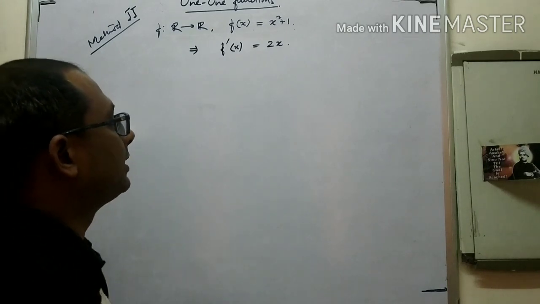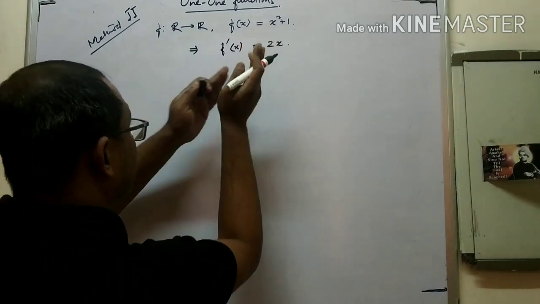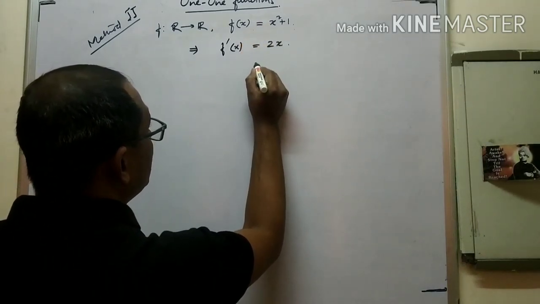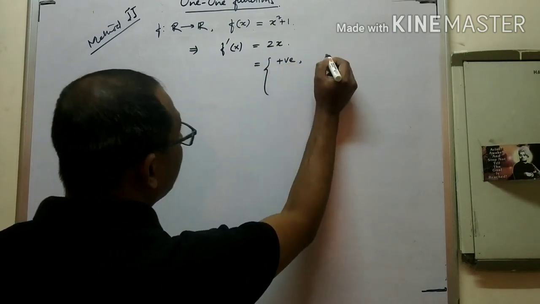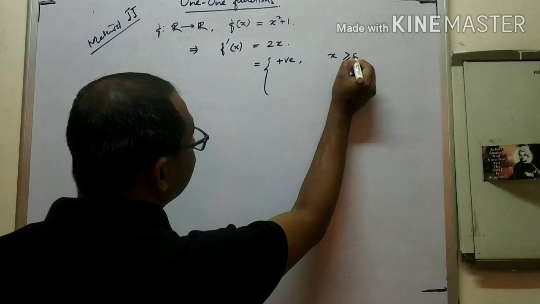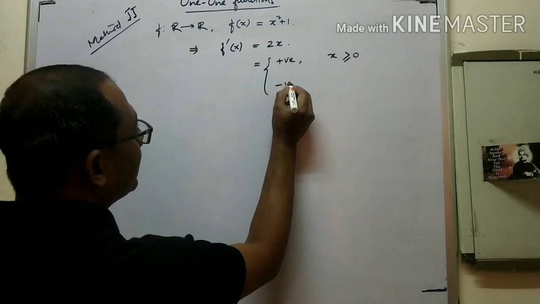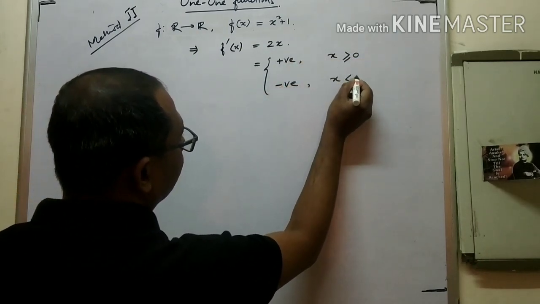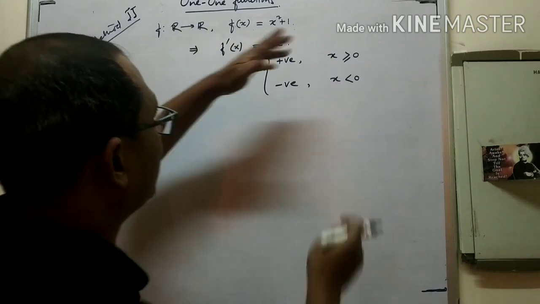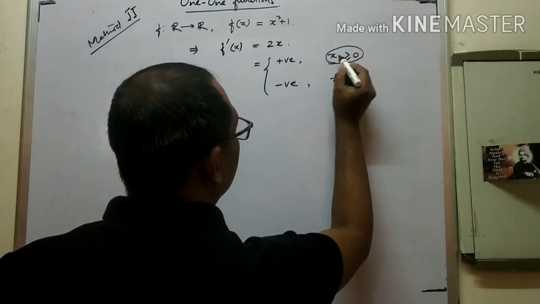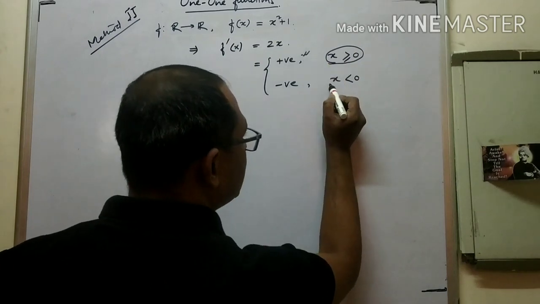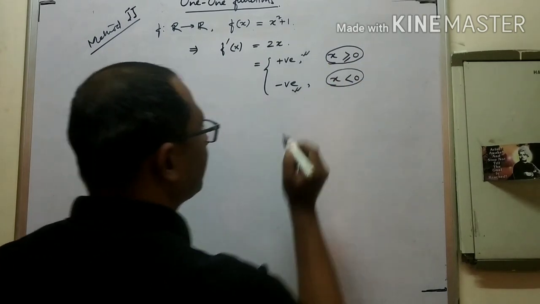Not both in the sense, suppose in this example, 2x will be positive whenever x is positive or 0, and negative when x is negative. So for some portion of the domain f dash x is positive and for some portion of the domain f dash x is negative.